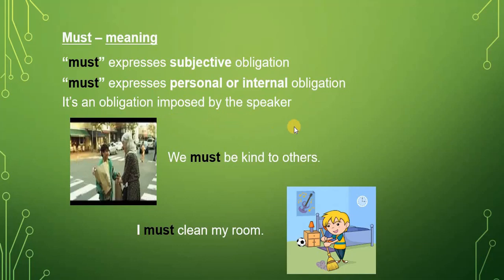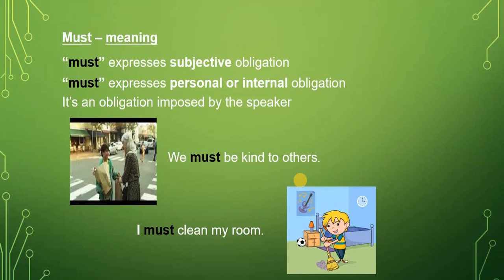No one is telling you to do something. Nobody else is ordering you to do something. It is your choice. You make it an obligation because it is important. Alright? Example, we must be kind to others. So, in this sentence, it comes from us.